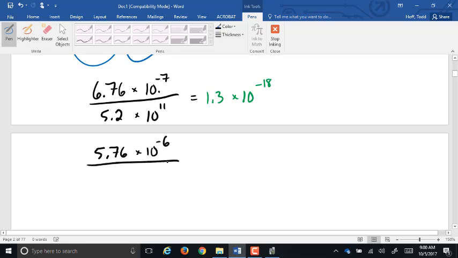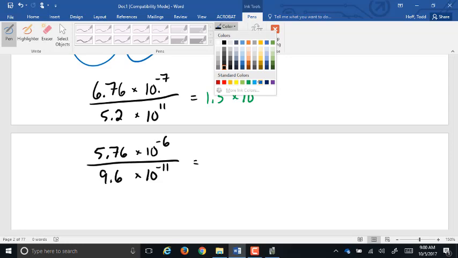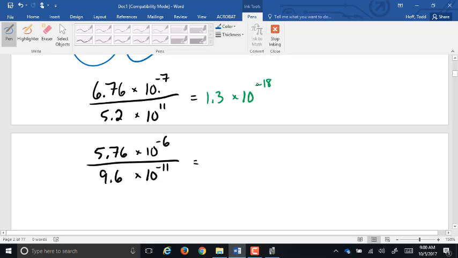Let's do 5.76 times 10 to the negative 6 divided by 9.6 times 10 to the negative 11th. So what is 5.76 divided by 9.6? 0.6 times 10 to the, what's negative 6 minus negative 11?